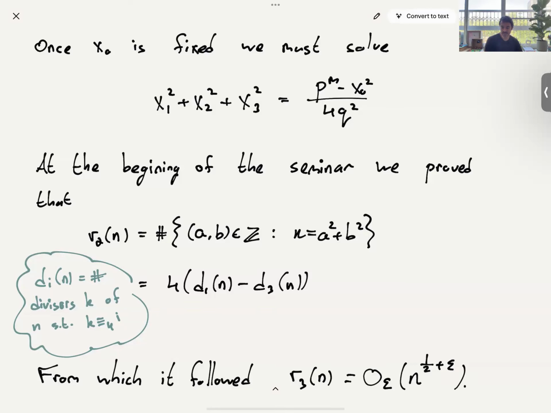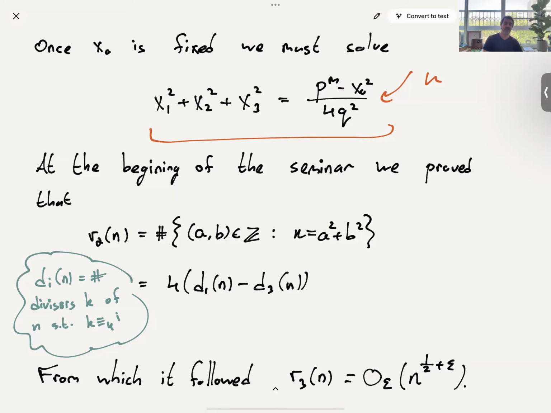So now let's fix x0, and now we are left with solving this equation, which is more symmetric. So essentially, if you think of this as some number n, how many ways do you have to write n as a sum of three integral squares?